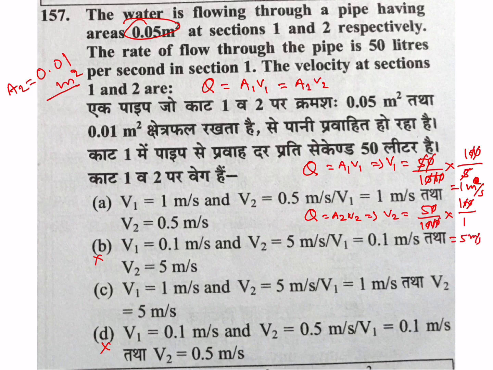That is 5 meter per second. In the options here it's 0.5, so A also is not possible. Only option C is left: V1 is equal to 1 meter per second and V2 equal to 5 meter per second. So C is your correct answer. You only have to apply the continuity equation.